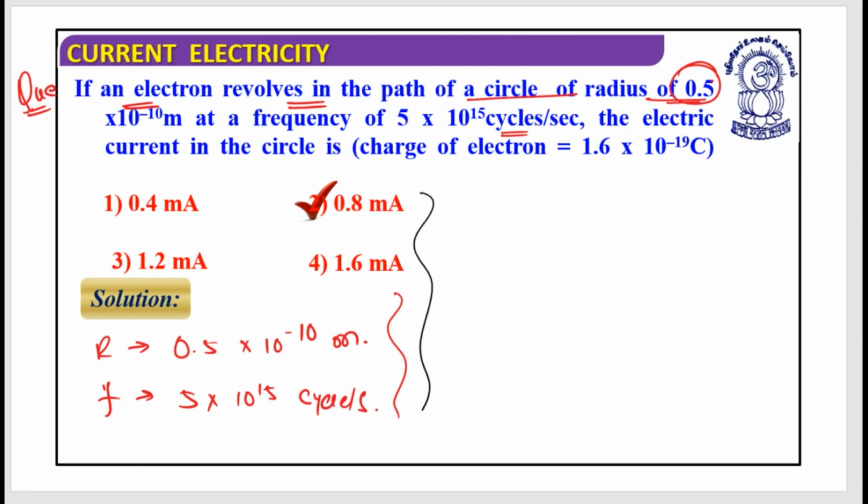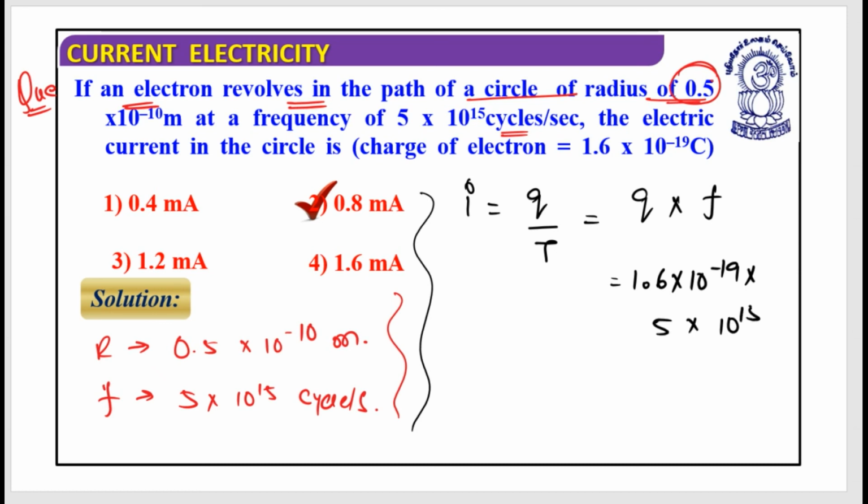Basically this is the case of convection current, where I is equal to Q by T, or I can write it as Q into F. The charge of the electron is 1.6 into 10 to the power minus 19 coulomb, multiplied by the frequency 5 into 10 to the power 15. So 1.6 multiplied by 5 is 8, multiplied by 10 to the power minus 19 into 10 to the power plus 15. So this is 8 into 10 to the power minus 4 ampere, or 0.8 milliampere. Is it clear?